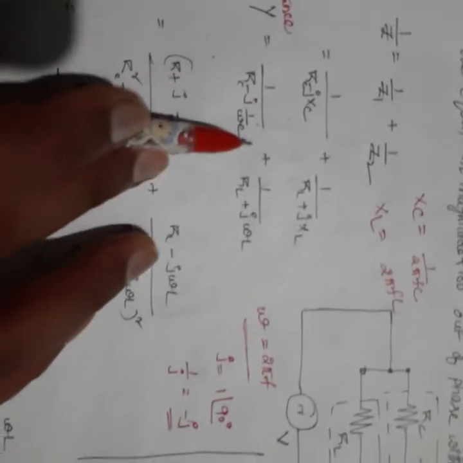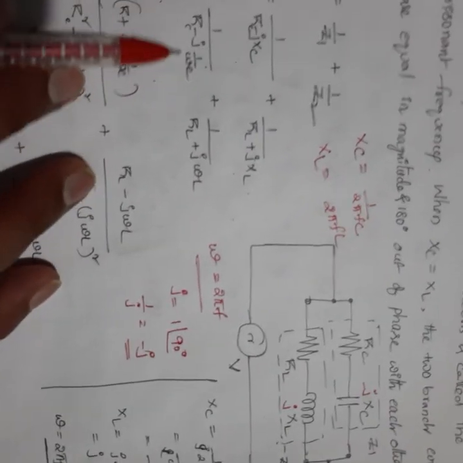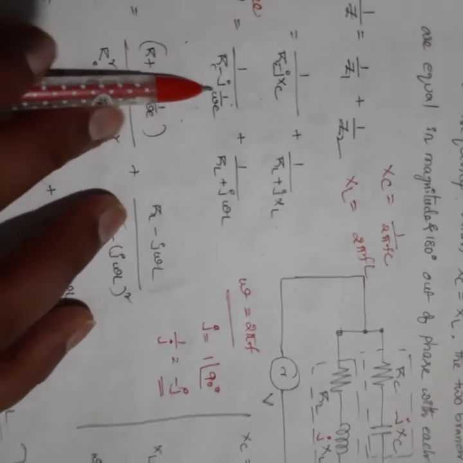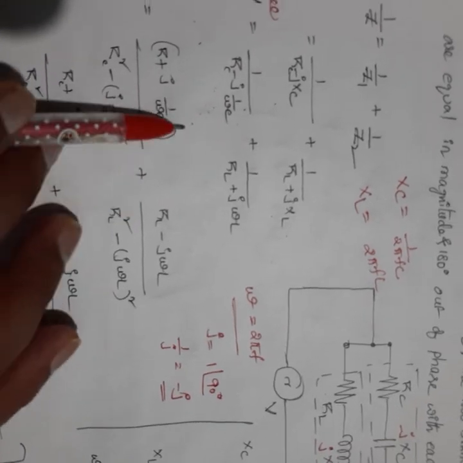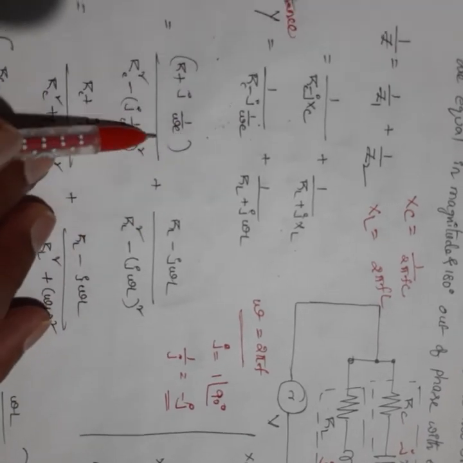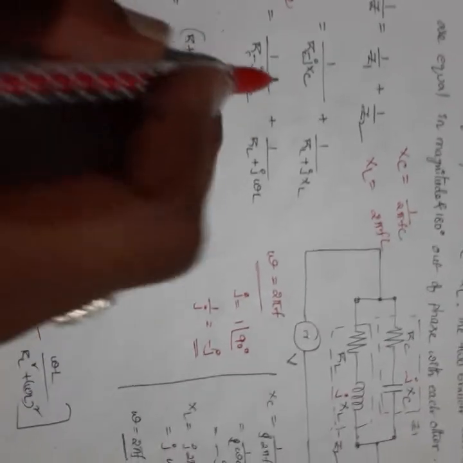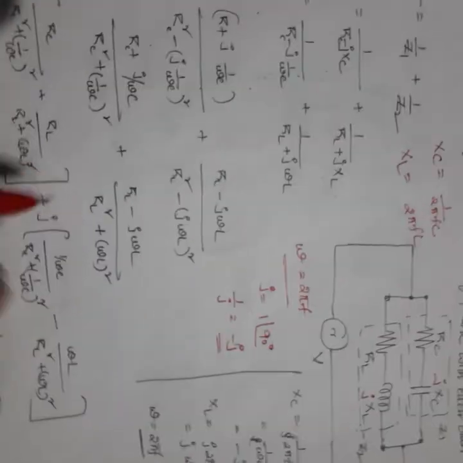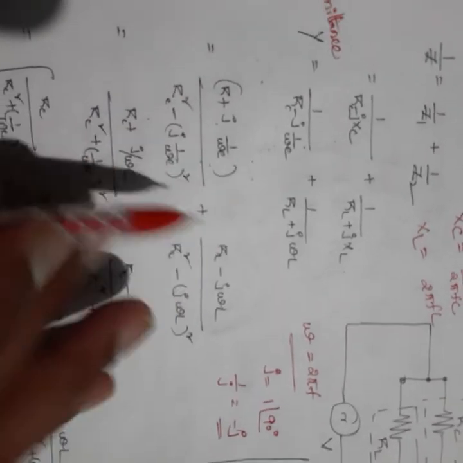For the simplification of imaginary terms, we multiply and divide by the conjugate of the term, RC minus j by omega C, that is, RC plus j by omega C, in the numerator and denominator.